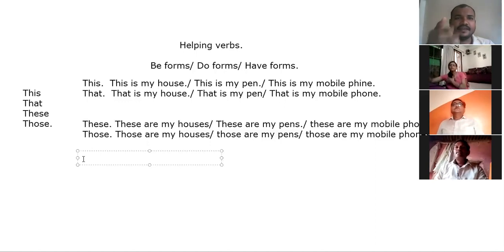In Hindi, it is like: ये मेरा घर, वो मेरा घर. Understood?